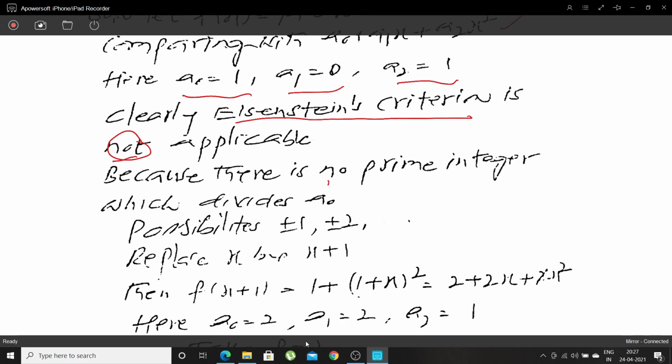Possibilities: plus or minus 1, plus or minus 2. Let me try. Listen to my words carefully. Replace x by x plus 1. Let me try for the first element, that is x plus 1.